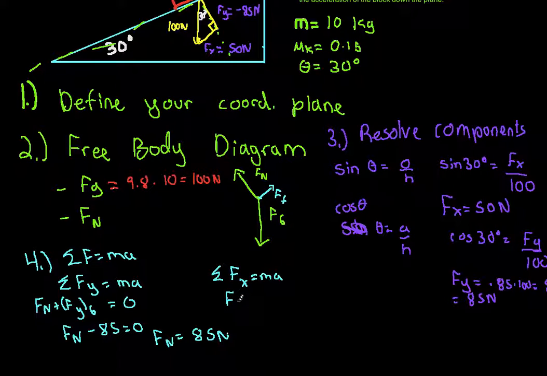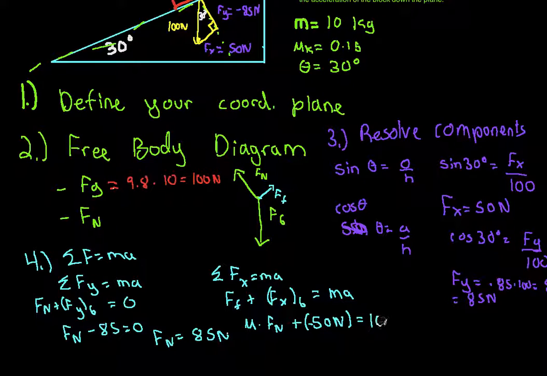We have the force of friction, and we have the force in the x direction of gravity, equal to mass times acceleration. Well, the force of friction can be expanded into mu times the normal force. And we know what this force of gravity is in the x direction. We know that this is just 50 newtons. And I'm actually going to say it's negative 50 newtons because it's going to the left.